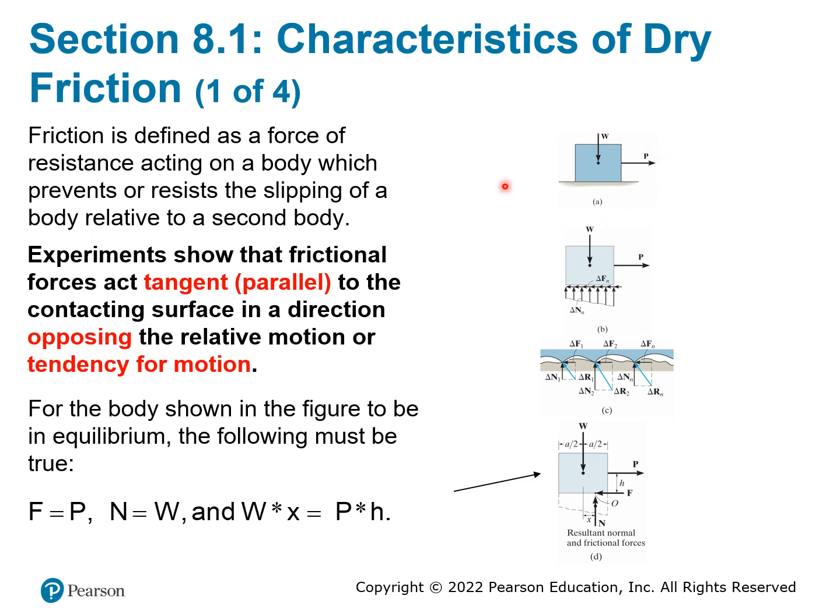So if you have a block, you pull the block horizontally, and you try to make it move horizontally. Without the friction, it certainly will move. However, if there is a friction, it would not move. So the friction is the force trying to prevent it from moving.